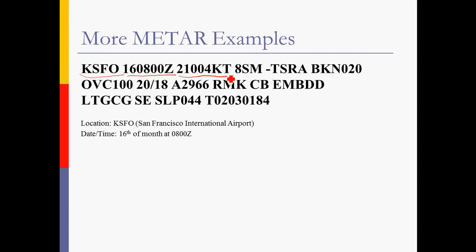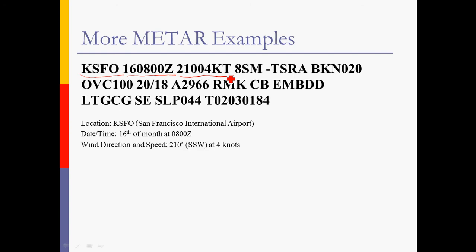So the first 3 numbers are direction, 210. So the wind direction is 210 degrees. And if you pause and go back to the wind rose, you'll see that this is south-southwest. So that's the direction where the wind was coming from. So it was going toward the north-northeast.